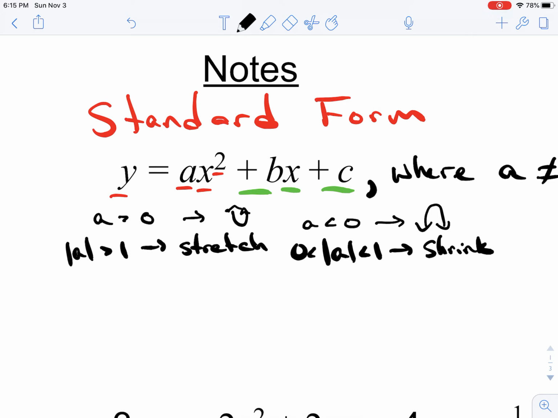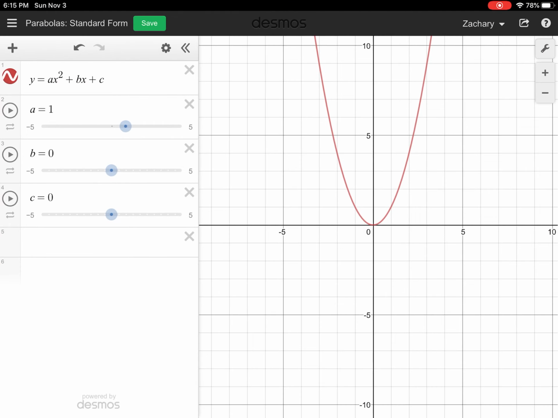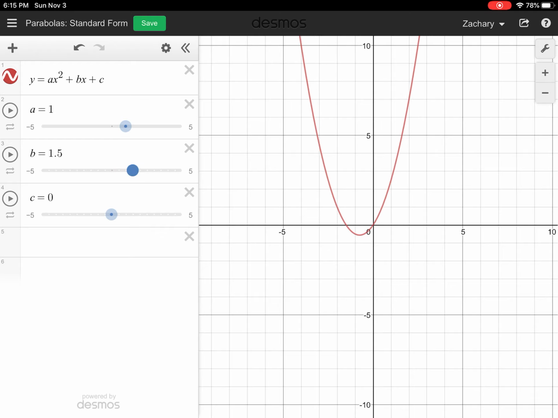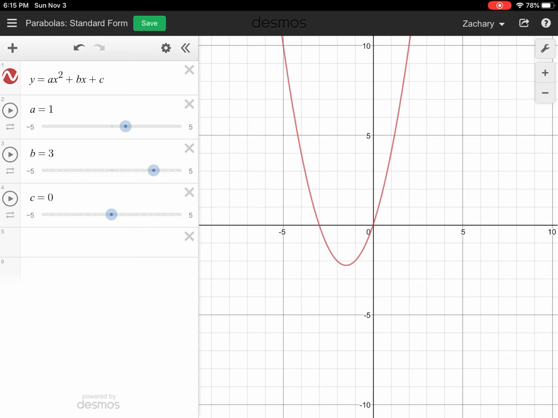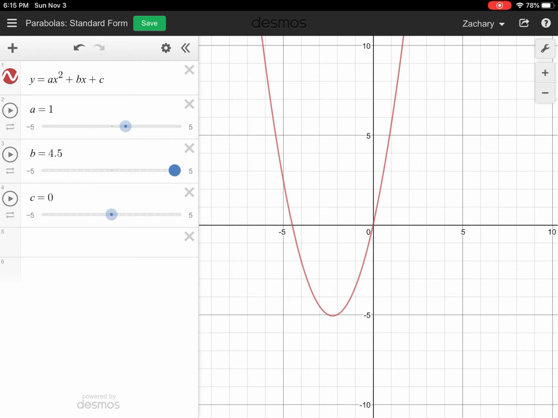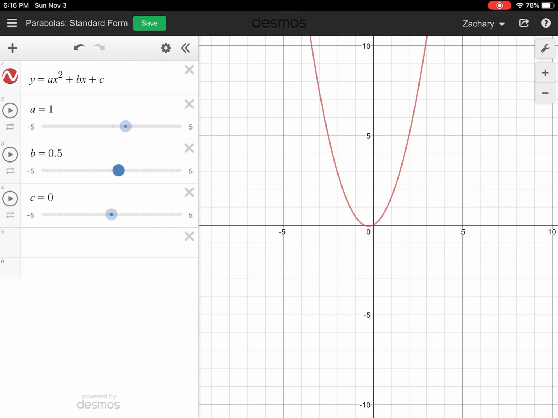So now it's what do b and c do to our equation? So if I keep the a value at 1 and I just start changing this b value, when I start to make it positive, notice how the graph's kind of doing two things. It's moving not only left, but it's also moving down when I make the b value positive.